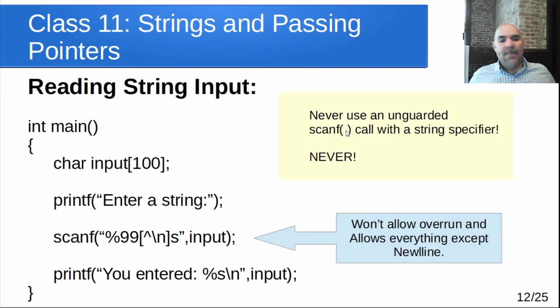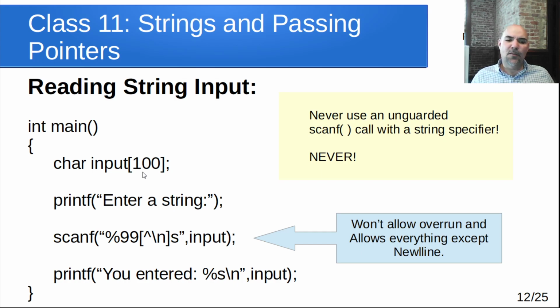Okay, one thing that I need to tell you, and maybe you've already gathered this: never use an unguarded scanf call with a string specifier. So never do that thing where you say, hey, read in a thing, use a %s. Because if you don't have that guarded to have the size match up with the amount of space you have allocated, then you've left yourself a security hole in your program, and some hacker could overrun and walk off the end of that stack into other parts of memory and inject things in there, including code, or overwrite other parts of data in a running program.